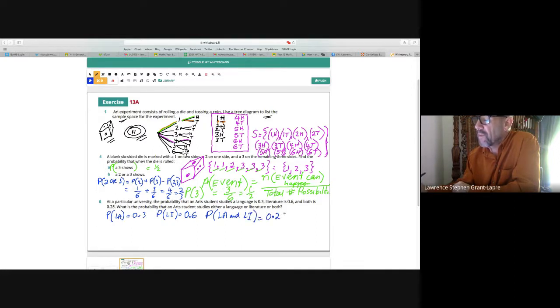Now, if you remember that rule I wrote up here, we want the probability that they study either language or literature. So the probability that they study language or literature equals the probability that they study language plus the probability they study literature minus the probability that they study both language and literature.